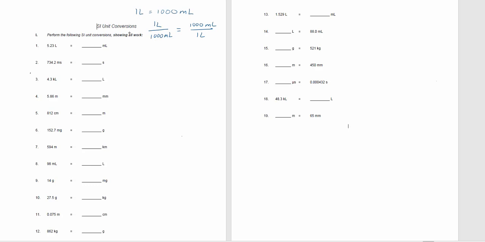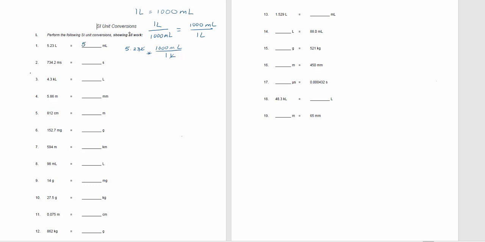So we'll start with number 1, 5.23 liters. And I need to convert that into milliliters. So I want to use the expression with liters in the denominator on the bottom and milliliters on the top, or in the numerator. That way my liters cancel out. And then the math for this is 5.23 times 1,000.